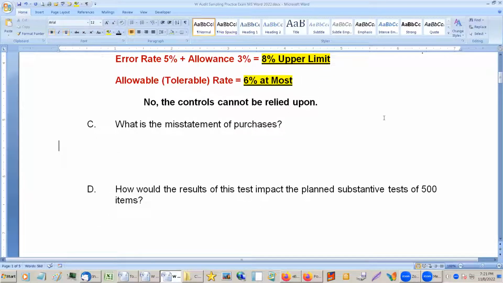What is a statement of purchases? Unknown. Test the controls, don't test the dollar amounts.